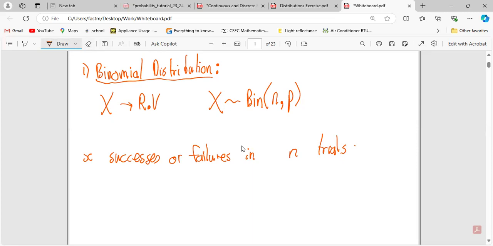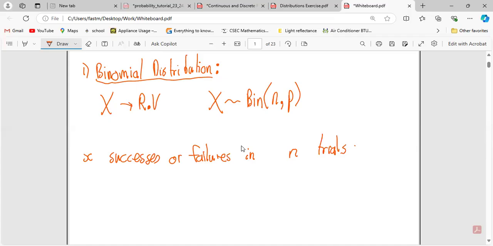So you're doing something over and over, and you're checking the probability of success. Say you play a game a fixed number of times, and you want to see the probability of actually winning the game 3 times, 5 times, 10 times.